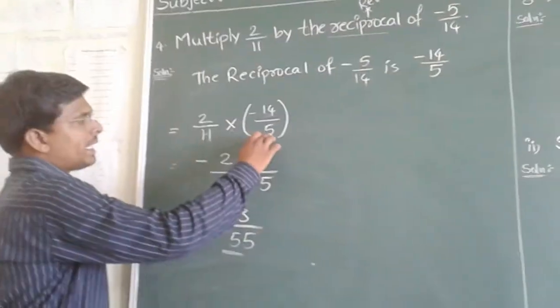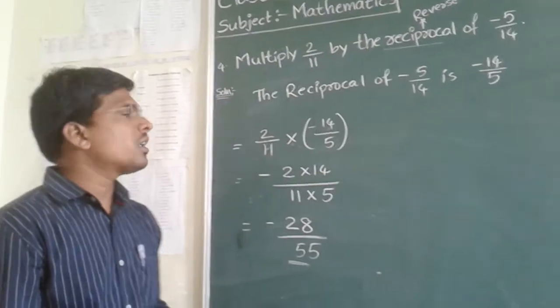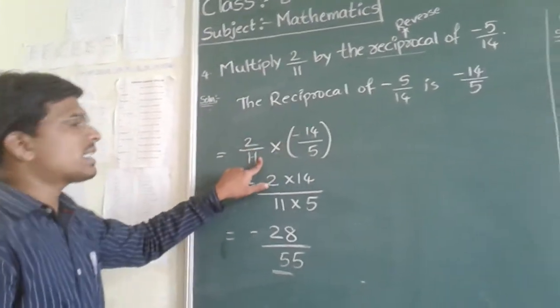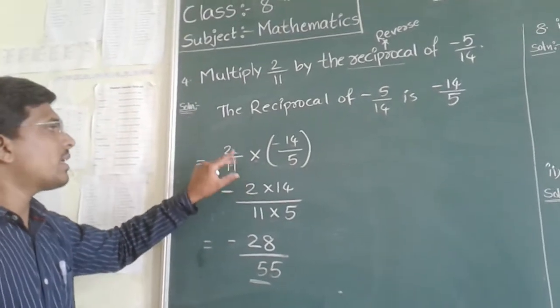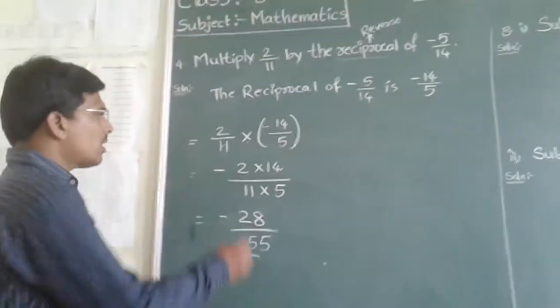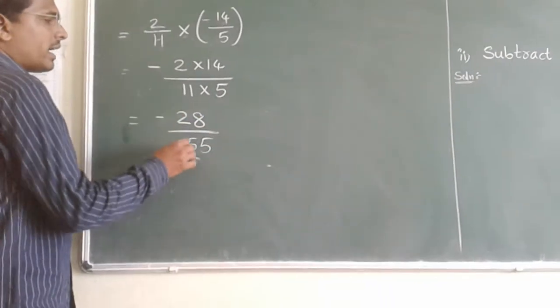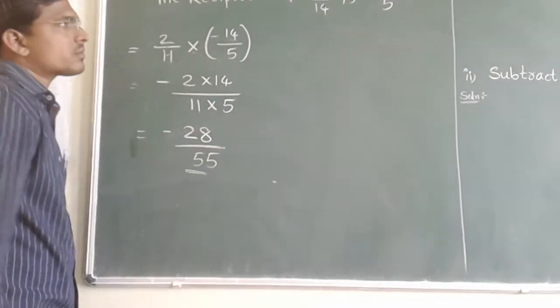So multiply both the numerators and multiply both the denominators. In the case of addition or subtraction, there only we can go for the crisscross method. But here we directly multiply the numerators and directly multiply the denominators. 2 into 14 by 11 into 5. 2 14s are 28, 11 5s are 55.